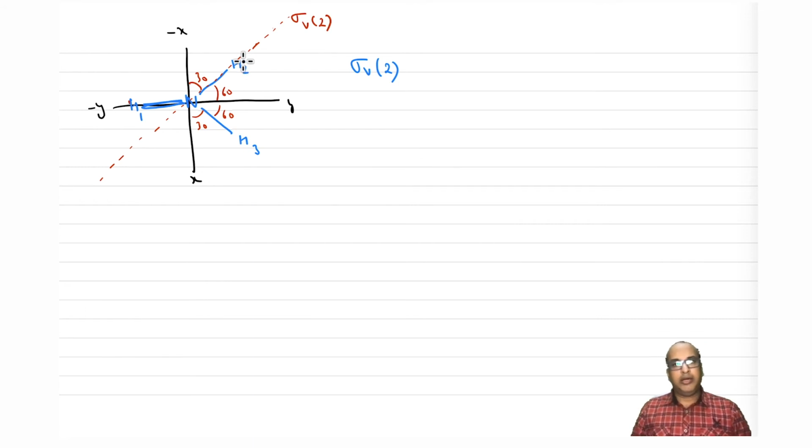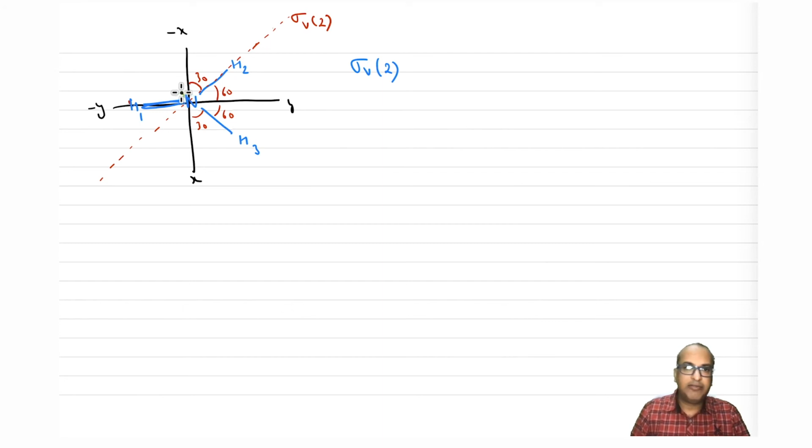Right? Now, to be able to write this, we have to see how the axis system is changing upon application of sigma v2, so that we can write the new axis system in terms of the old axis system, the way we did it for rotation. So let us see what happens to x and y. If I use this reflection, y comes somewhere around here, because this sigma v2 is making an angle of 60 degrees with this y axis.